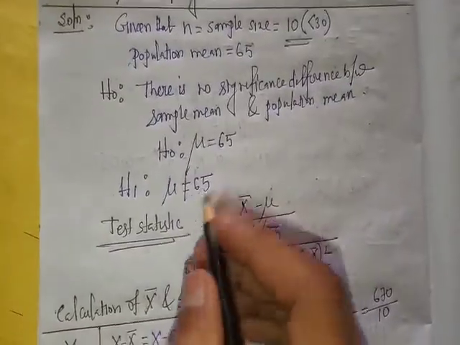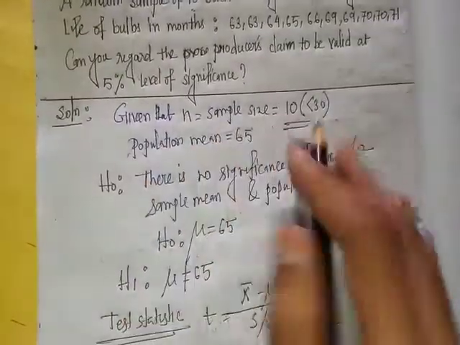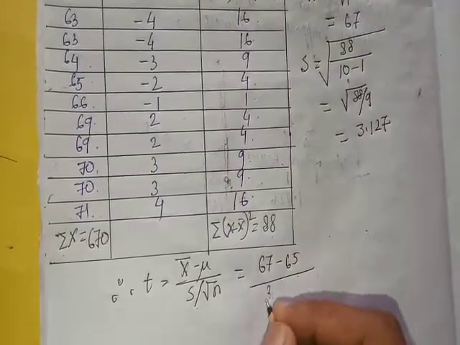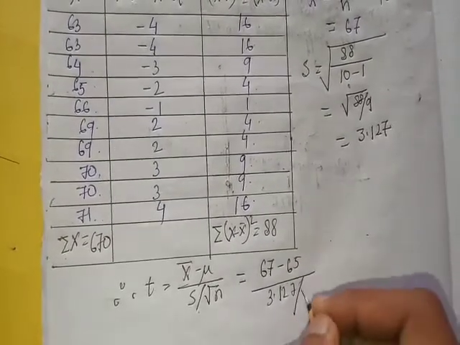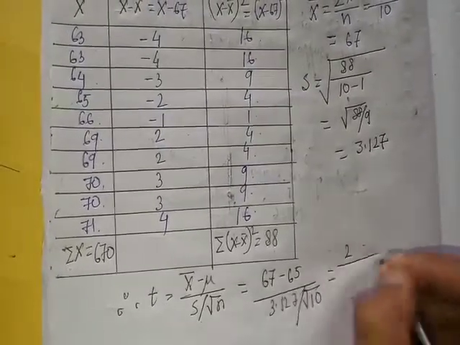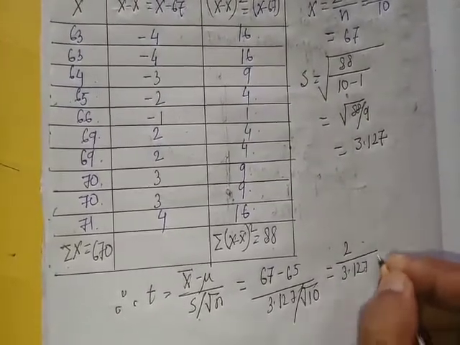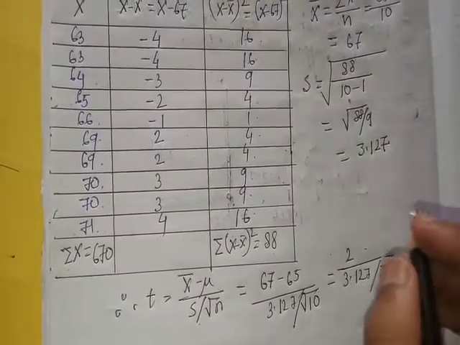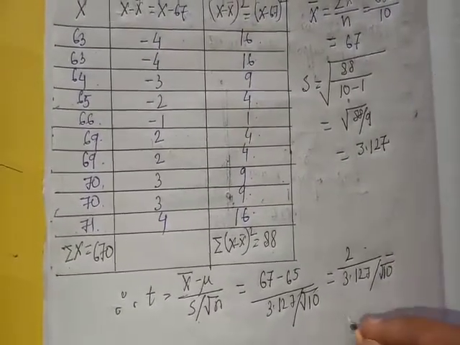Here mu is 65, and s is 3.127 by root over n. N means 10. That is 2 by 3.127 by root over 10. After calculation we get 2.023.